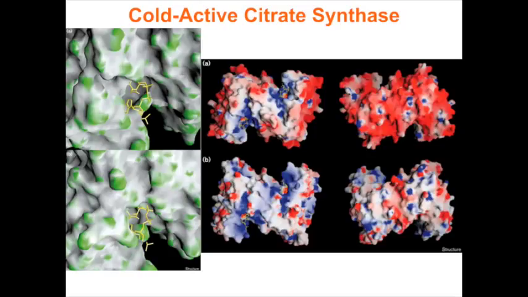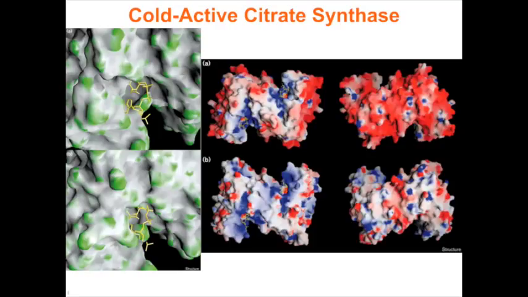Here, this example of really cold active citrate synthase, an important enzyme in metabolism, where these two proteins, the top being cold citrate synthase, the bottom being citrate synthase from a hotter environment, these two proteins have nearly identical shapes so that they can carry out the same function, but the sequence of these proteins is very different.